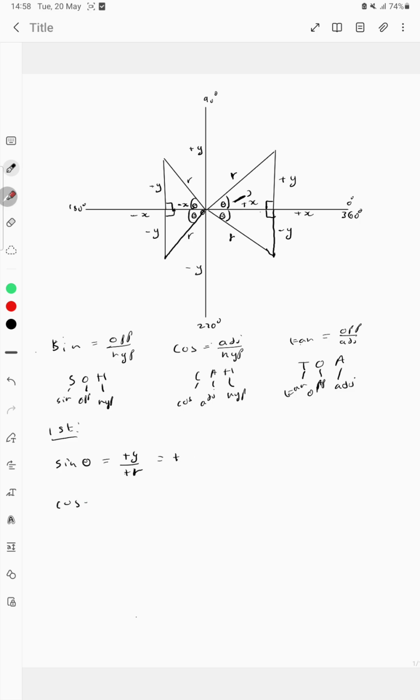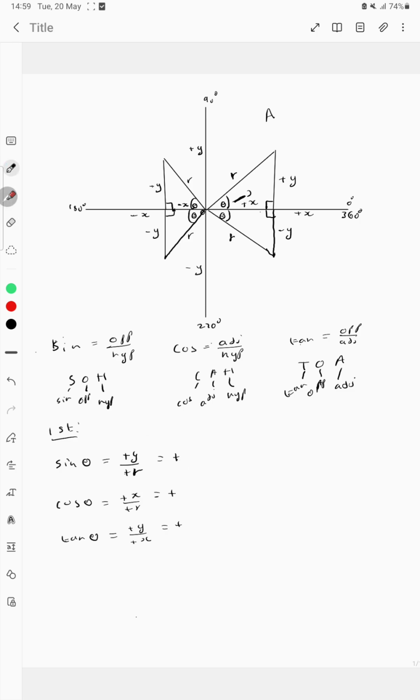And then cos theta, we have positive x over positive r, and positive and positive will give us a positive answer. Tan theta is positive y over positive x, positive and positive would give us a positive. So all ratios are positive here. That's where the A comes from.